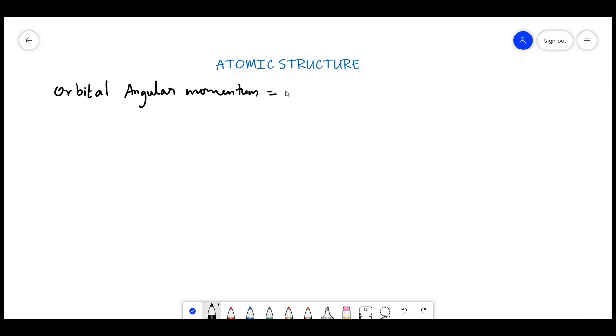Then the formula is h by 2 pi under root of L into L plus 1. This is the relation.